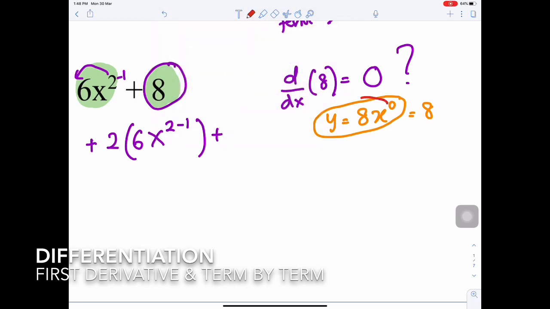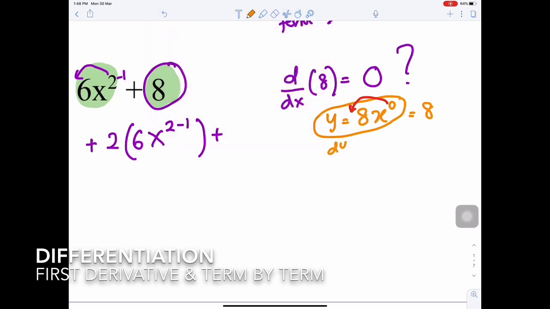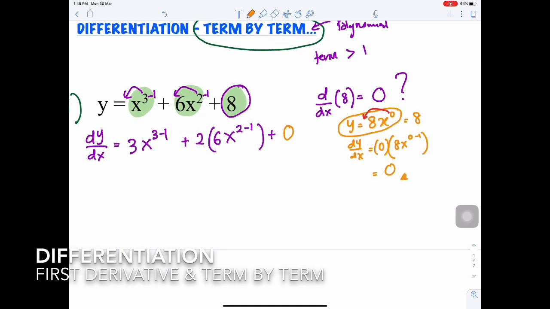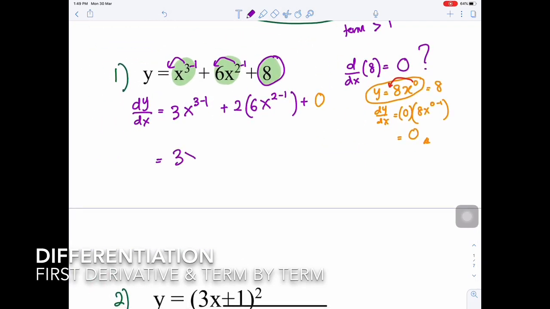So 0 is brought forward. So dy/dx equals 0 brought forward, so 8x power of 0 minus 1. But because you multiply with 0, the derivative of 8 with respect to x becomes 0. Understand? So plus 0. And then rearrange. The answer equals 3x power of 2 plus 2 times 6, 12x power of 1. So this is the answer.